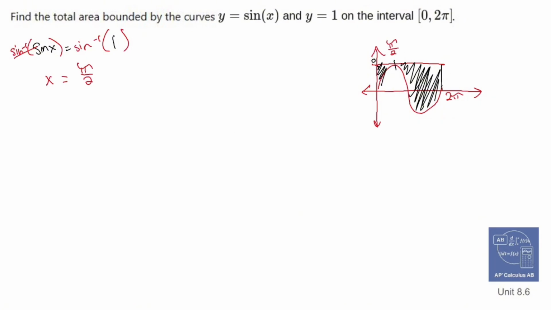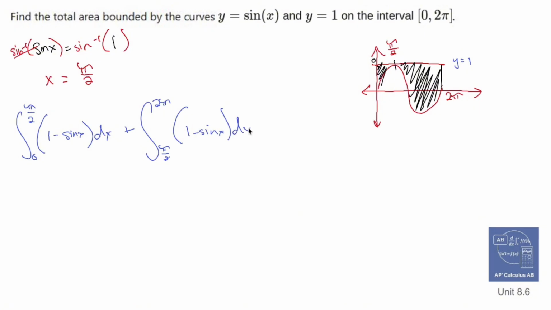All right. Now I'm going to run into a fun little happy accident, but I'm going to pretend like that won't happen. I'm going to set up two integrals, and in both cases, y equals 1 appears on top. So one integral is from 0 to pi over 2 of 1 minus sine x dx, plus pi over 2 to 2 pi of 1 minus sine x dx.